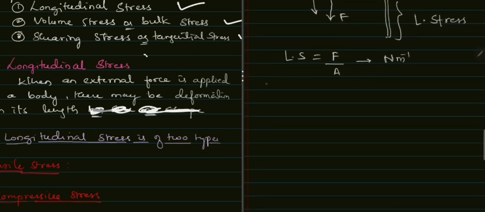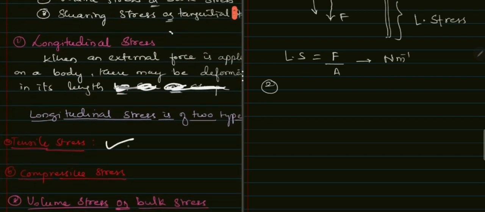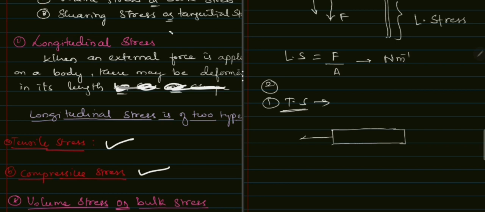So next, in longitudinal stress we will get another two types. One is a tensile stress, another one is a compressive stress. So what is tensile stress here? See here, when an external force is applied on a body, any body you can take, the body changes its length in increasing order.